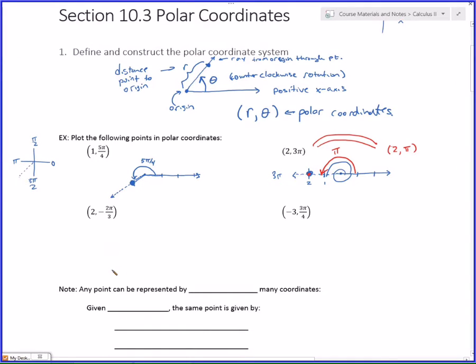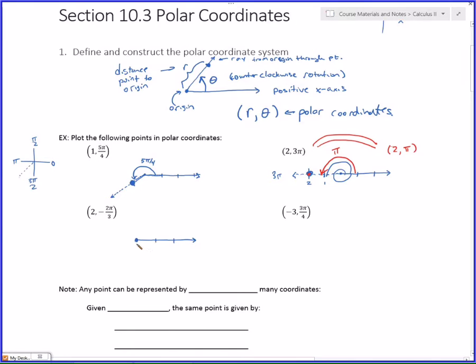All right, but let's graph these other two real quick. Let's start on the positive x-axis, distance 2. But I'm going to go now in negative 2 pi over 3. So what does the negative on that tell you to do? Go the opposite direction. When the negative's on the theta, it's clockwise.